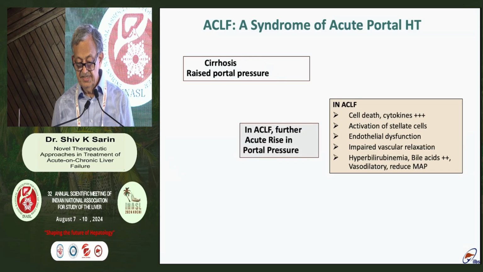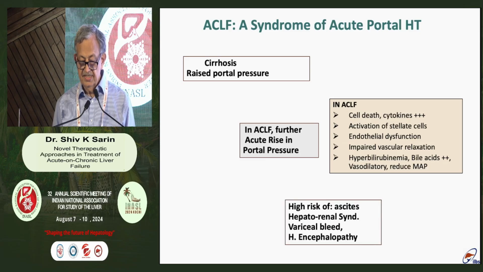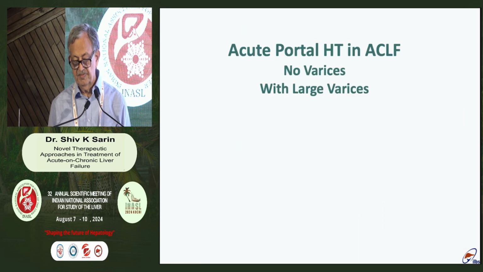Now you have ACLF. So further acute rise, within 7 to 10 days there is a rise in portal pressure, and this leads to high risk of ascites, hepatorenal syndrome, variceal bleed and encephalopathy. So from 12 the pressure may go up to 20 plus within a short period. Body is not used to that.